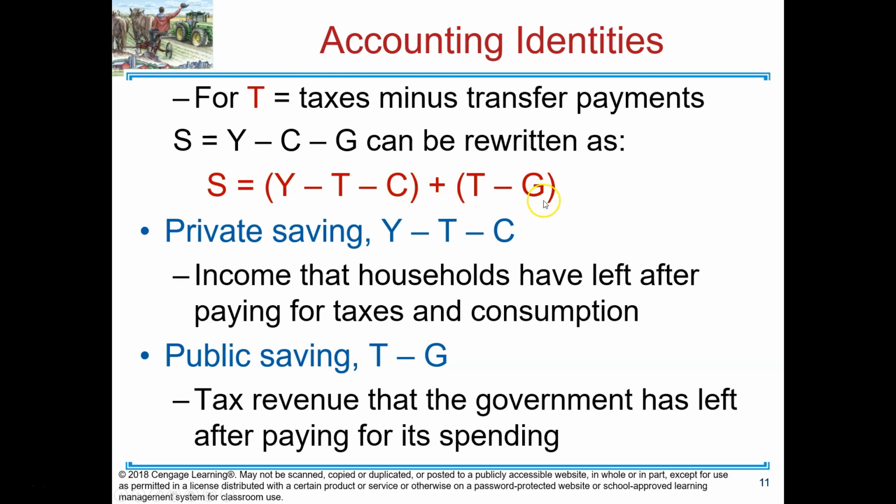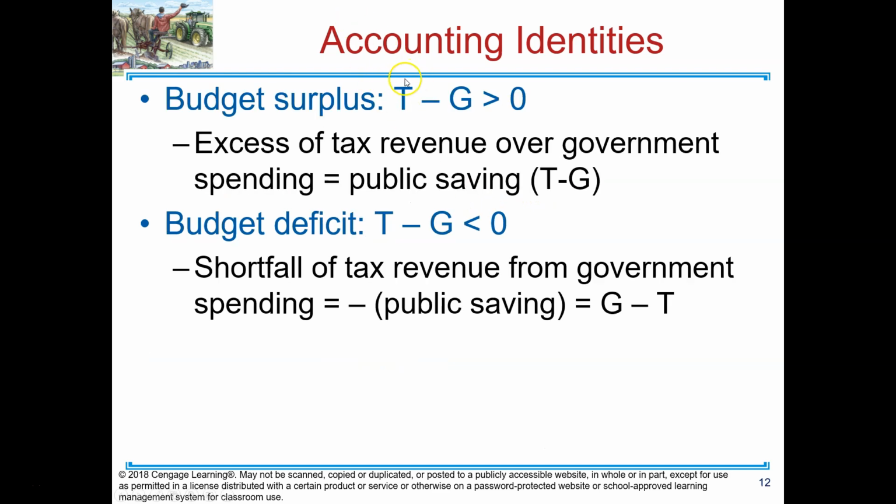Similarly, this is the government part. Public saving is taxes minus government expenditures, or government purchases. Governments raise taxes, that is the government income, minus whatever governments spend, that is their expenditures. So look here closely. If the government revenue through taxes is greater than their expenditures, this term will be a positive number, which means the government is generating more money through taxes than it is spending, which means the government is running a budget surplus.